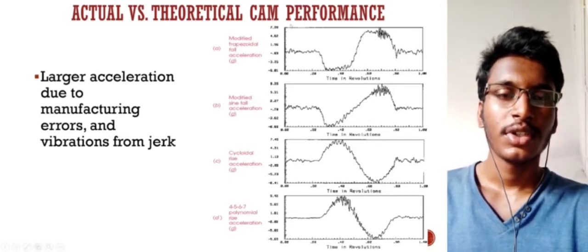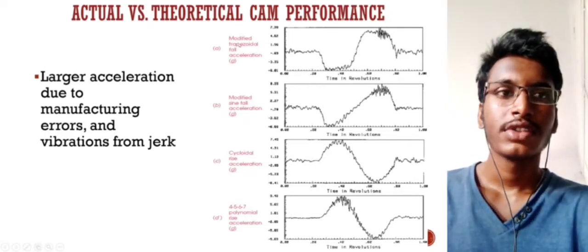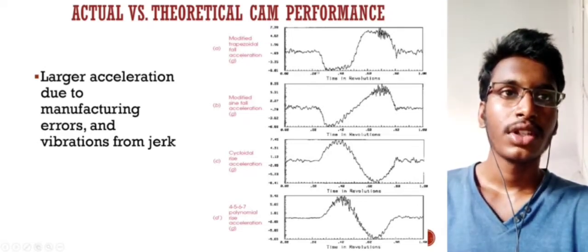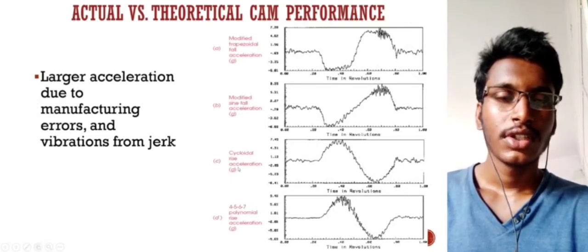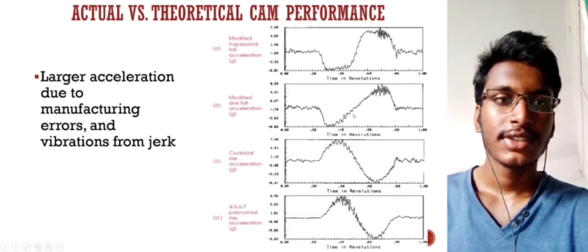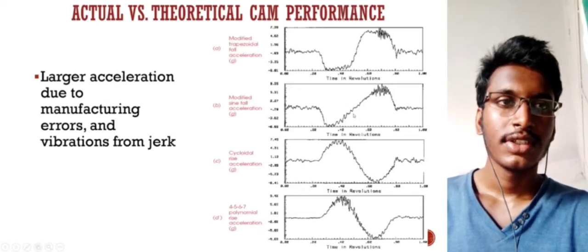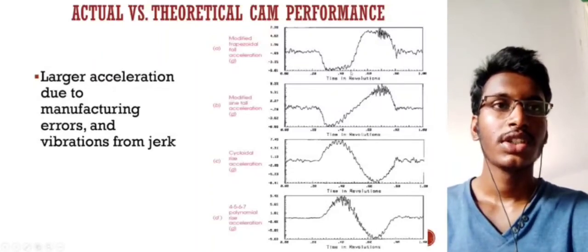And these are the resulting graphs of some of the types: modified trapezoidal fall acceleration, modified sine fall acceleration, cycloid rise acceleration, 4-5-6-7 polynomial rise acceleration. By comparing these, we can imagine the path of movement of the CAM.